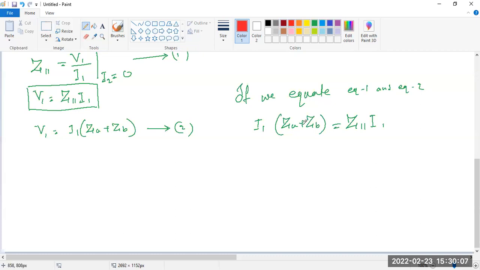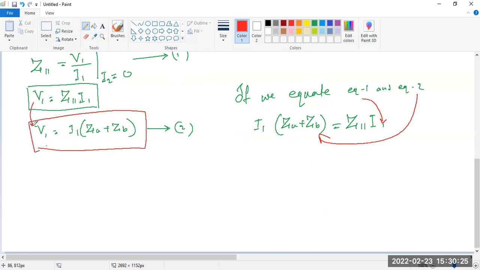Equation 1 is this and equation 2 is this. Because these are V1 and V1, they are equal, so we can cancel I1. Ultimately we get ZA plus ZB equal to Z11. Okay, this is the first element.